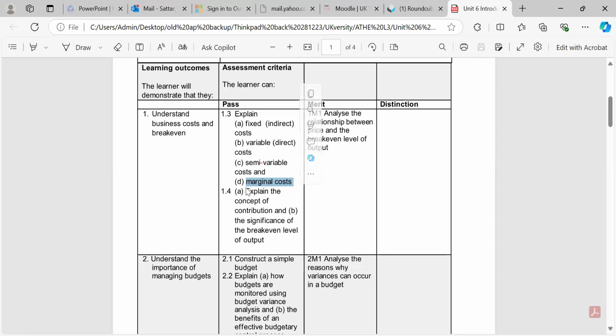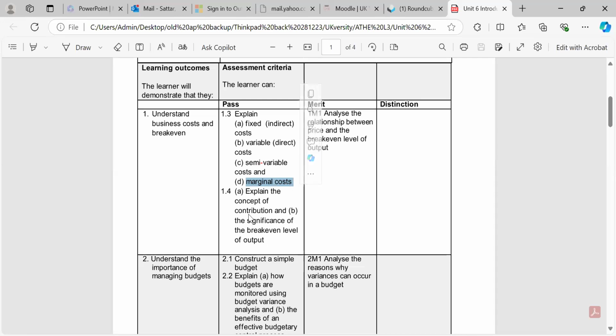Then, explain the concept of contribution. Contribution, which we will go through in a minute, means selling price minus variable cost. The selling price is how much you sold for, the variable cost is how much you bought for, and the difference is your contribution per unit, how much profit we are generating per unit.